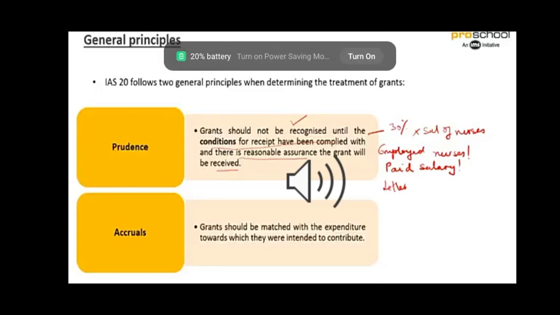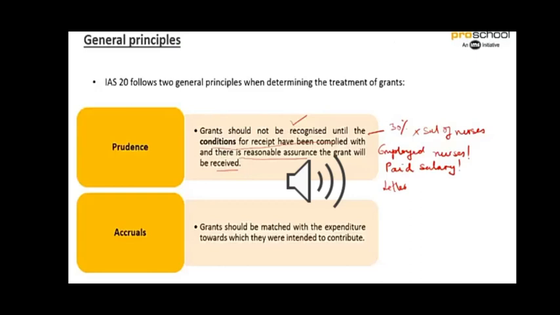So the government is going to give 30% of the salary of the nurses. So what are the conditions? The first condition is that the hospital should have employed the number of nurses specified by the government. So if the government has specified that 100 nurses should be working in the hospital, it should be made sure by the hospital that more than 100 nurses are working in that hospital.